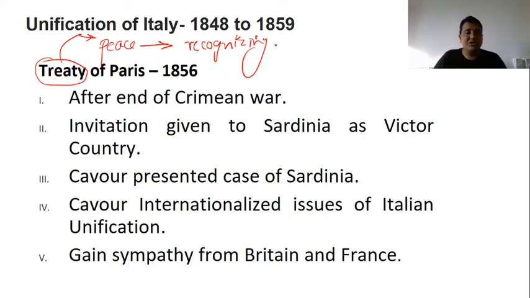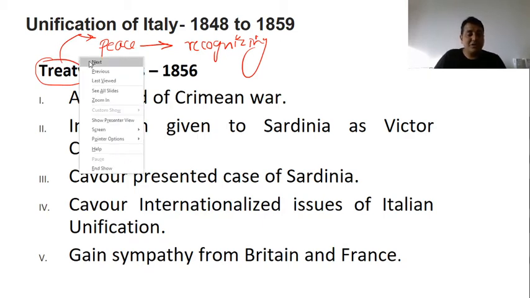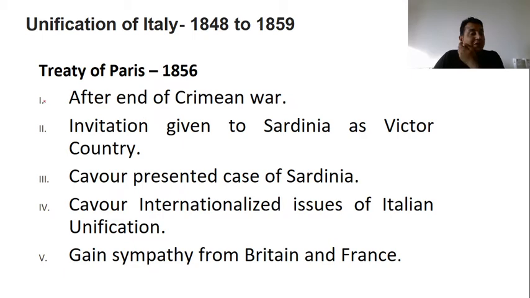So after the Crimean War, there was the Treaty of Paris, and in that treaty, the victor countries as well as the defeated nation were invited to present their views. Of course, everybody has a right to present their view. So the invitation was given to all, including Sardinia. Sardinia is a part of the victor countries.